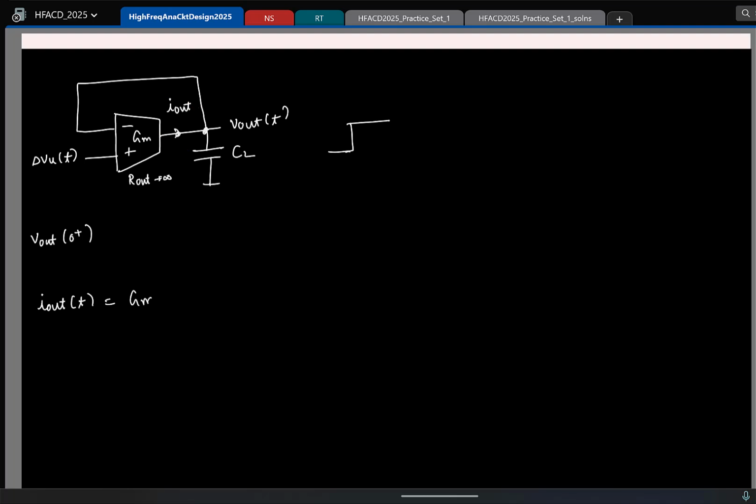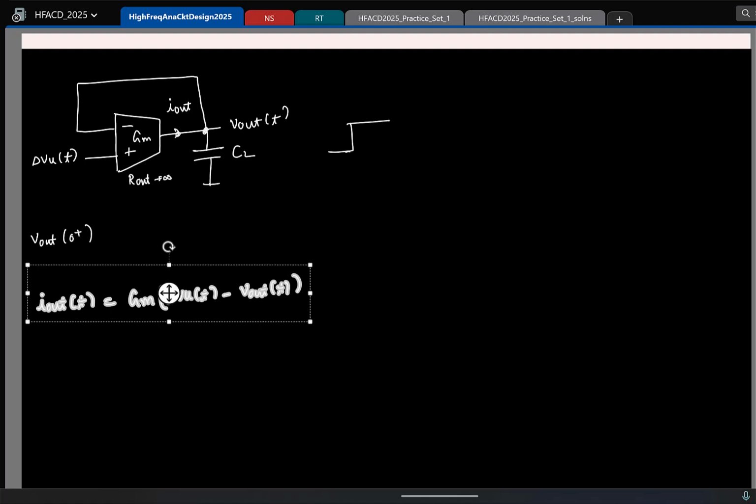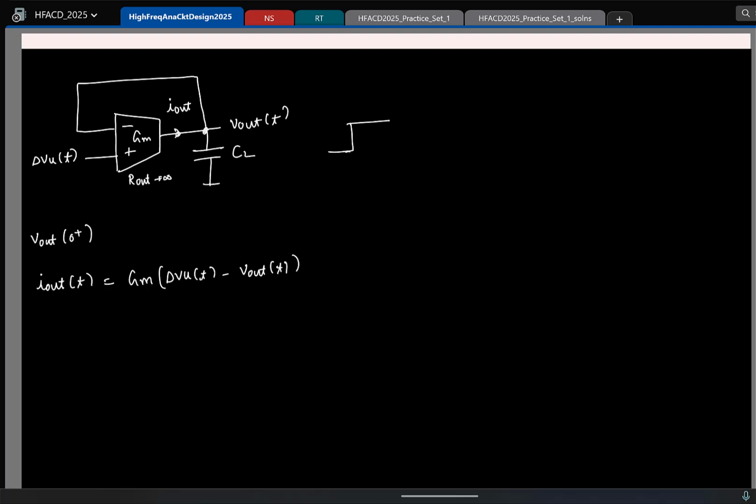So it is GM times the non-inverting minus the inverting, delta V u of t. So if I out of t must be an impulsive current, one of these two must be an impulse, but that's not what we have in our circuit. We assume V out to be a step. So obviously by contradiction we can clearly show that the capacitor voltage cannot change instantaneously.